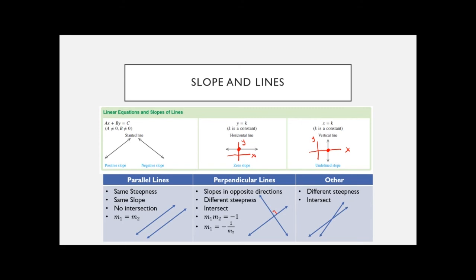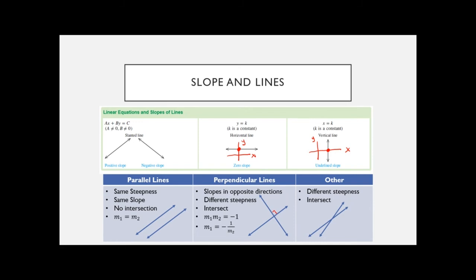And if they don't fit one of those rules, then they're just two regular lines that intersect. Their steepnesses are different. They may or may not be going in opposite directions. Either one could be true. They're still intersecting, but they just don't have that right angle. So if you're ever asked whether lines are parallel or perpendicular, you need to look at the slopes, because that tells you.